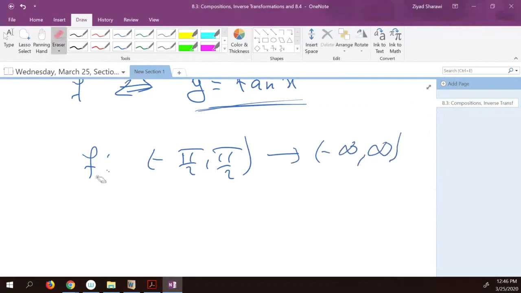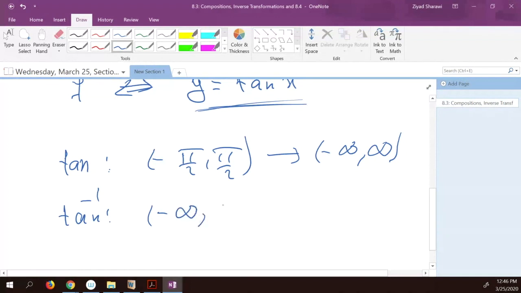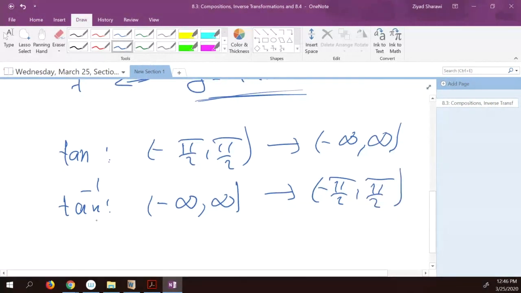And this is tangent. Now, when you talk tangent inverse, you make the domain range, you make the range domain.